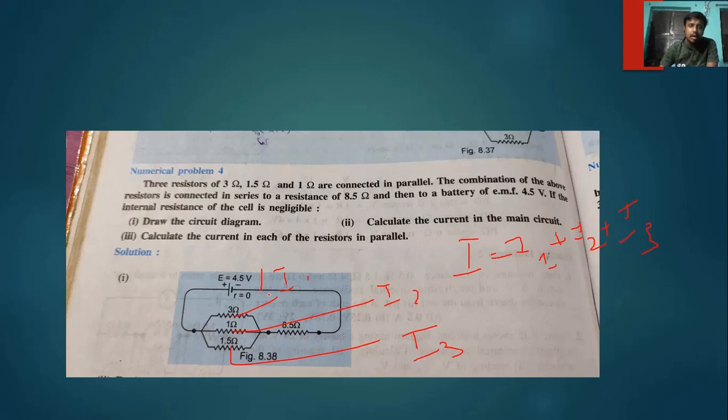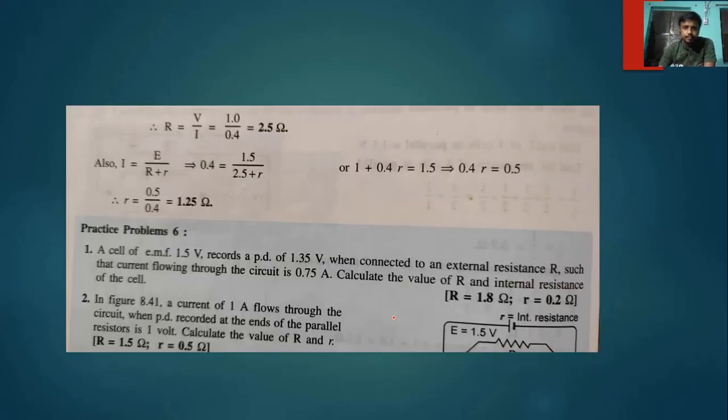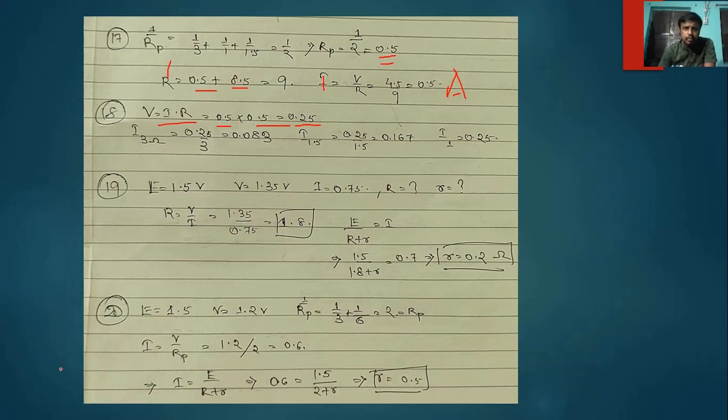For I1 we use V by R1, for I2 we use V by R2, for I3 we use V by R3, and we don't use V1, V2, V3 because V remains constant in all three branches. After finding it, we can easily find the current for 3 ohm, 1.5 ohm and 1 ohm.